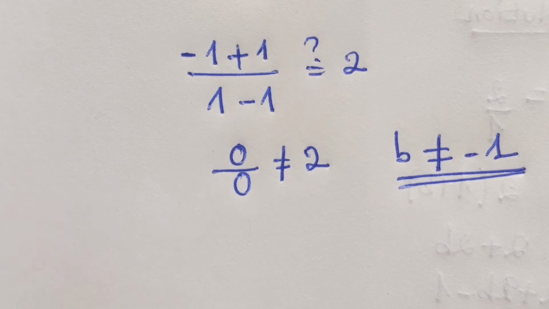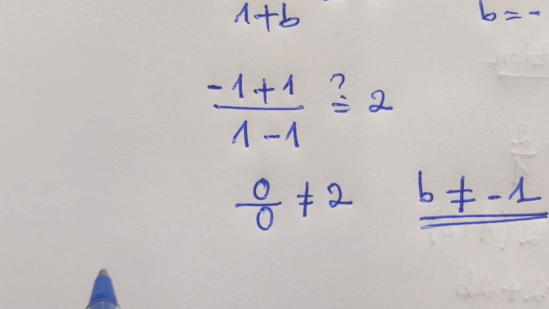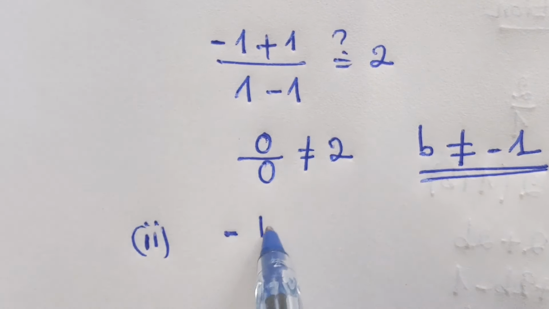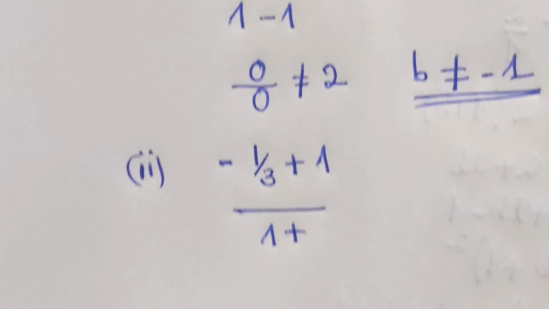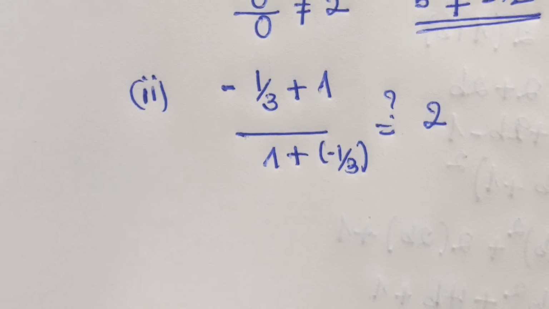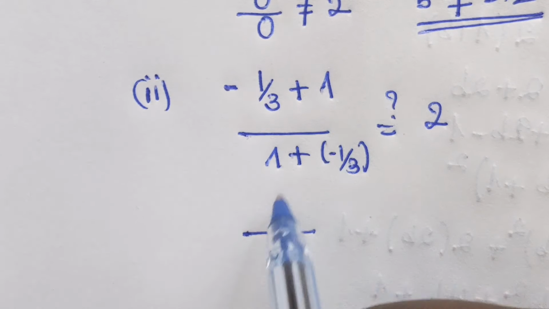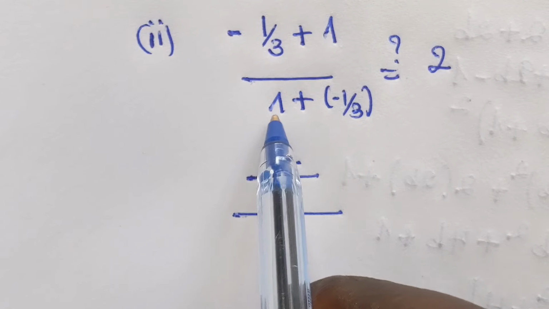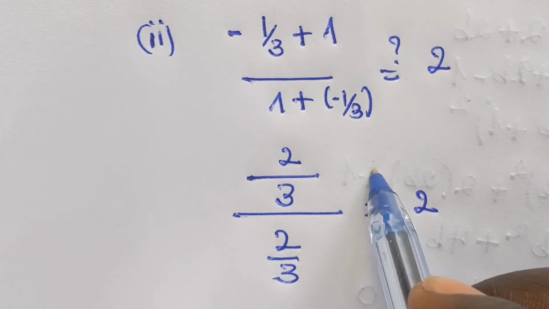Okay, what about negative 1 over 3? So what we say here is we have to replace it in the above equation, so that we have (negative 1 over 3 plus 1) over (1 plus negative 1 over 3), which equals 2? Well, right here we shall have 2 over 3 on top, whereas down here we have 1 minus 1 over 3, which is 2 over 3 also, which equals 2?